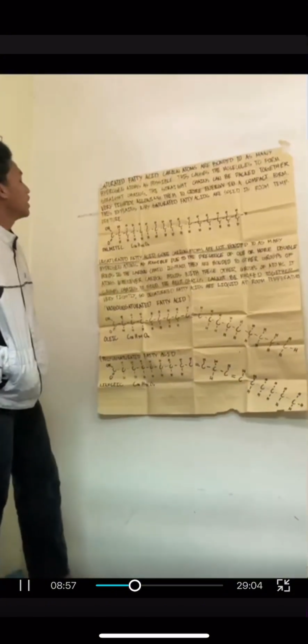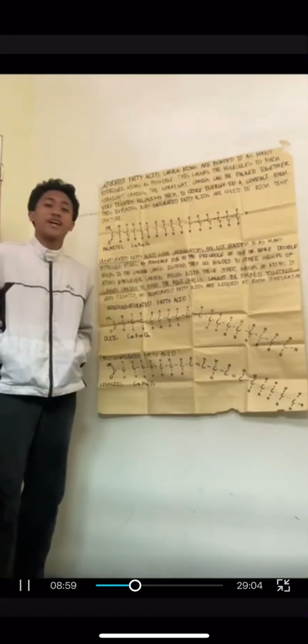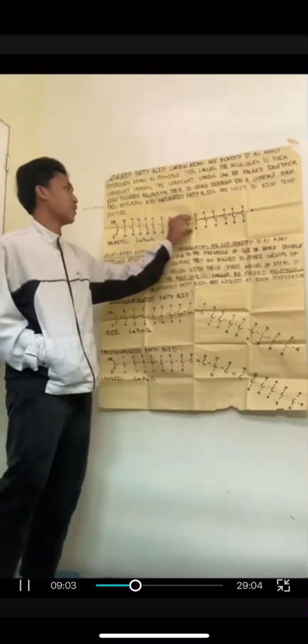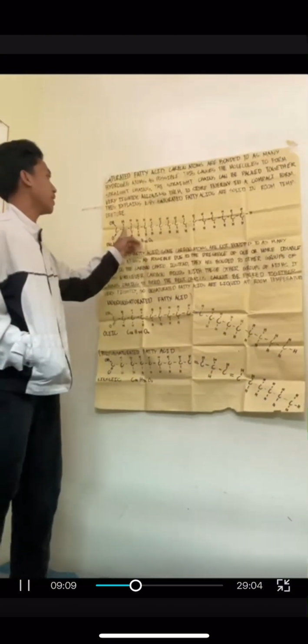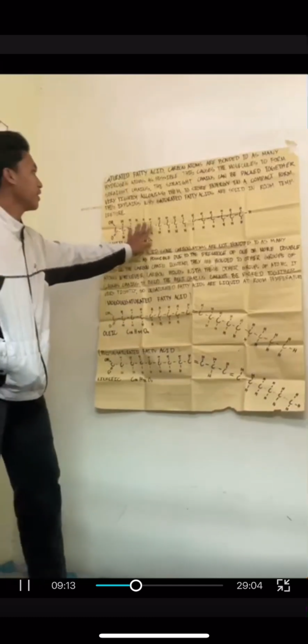The saturated fatty acids are made of long chains of carbon atoms and hydrogen atoms that do not have a double bond within the carbon chain. As you can see here, there are no double bonds in its carbon chain.